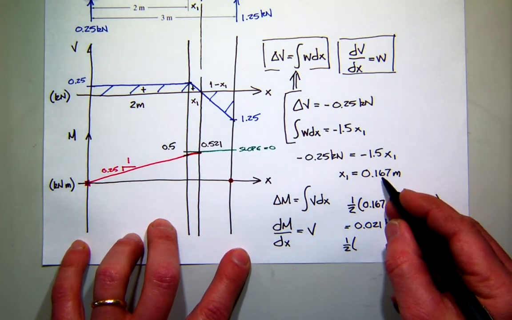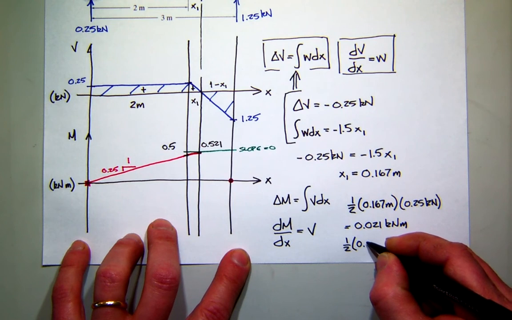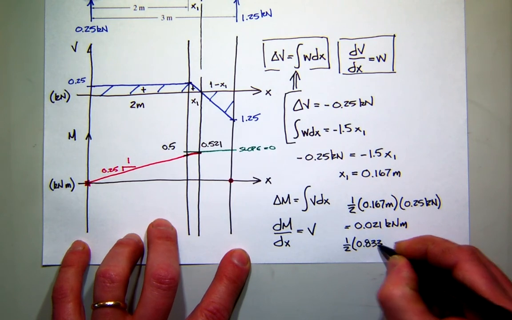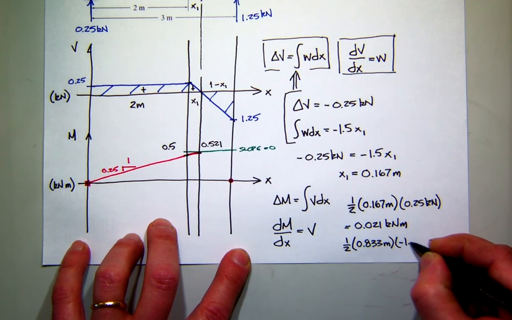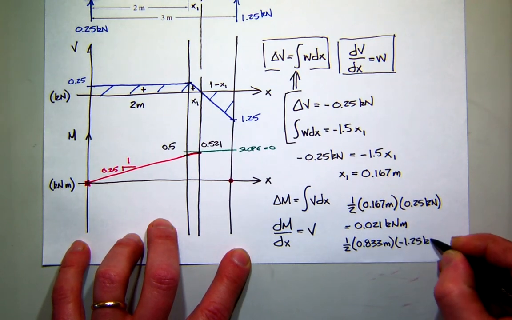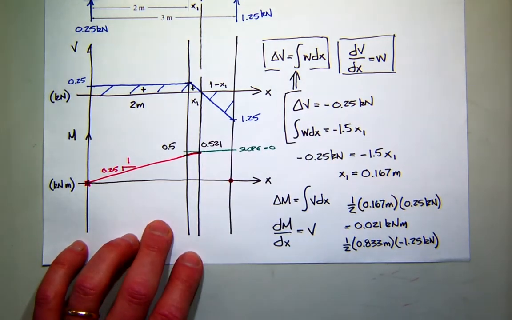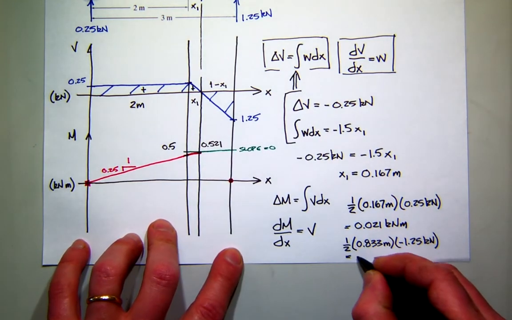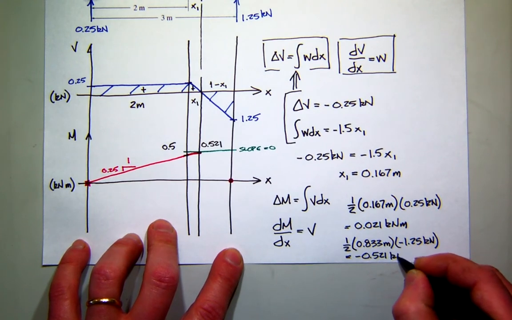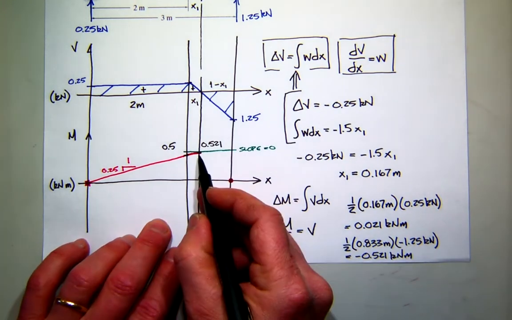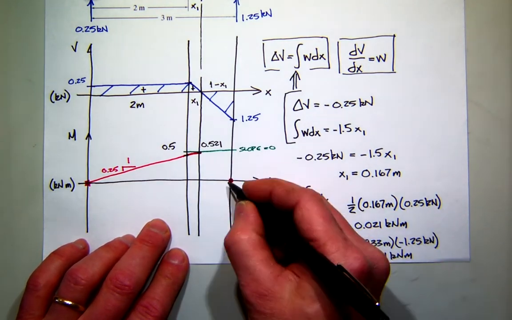So that'll be 5.833. And then times the height, which is negative 1.25. If we're lucky, that should be negative 0.521. So if I have positive 0.521, add my change to it, I get to 0.